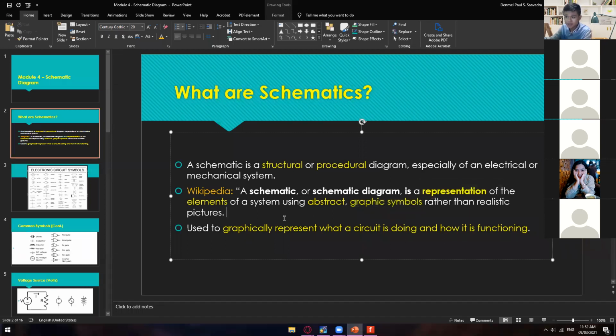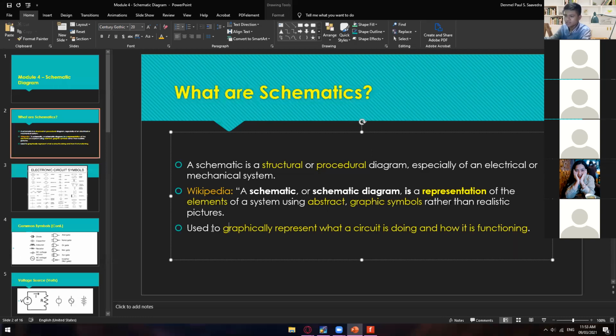So that's the difference between your lab number 5 and the lab number 6. The former is the real picture or real representation, but in a schematic diagram, it is represented by symbols or a certain drawing. Like for resistors, it's a zigzag drawing.